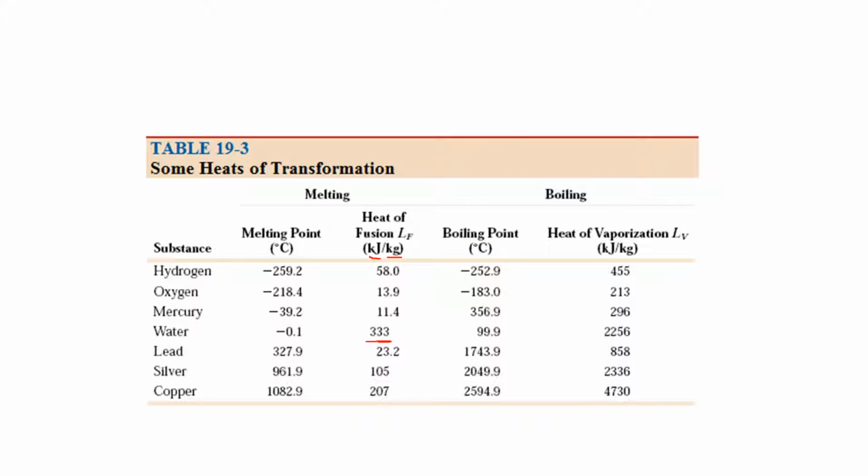And notice that the heat of vaporization is enormous for water, even in comparison to its heat of fusion. That is generally true. It takes more heat to convert the liquid into the gas than it does to convert the solid into the liquid.